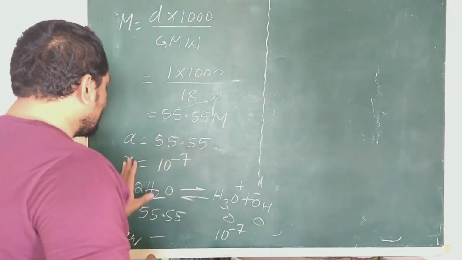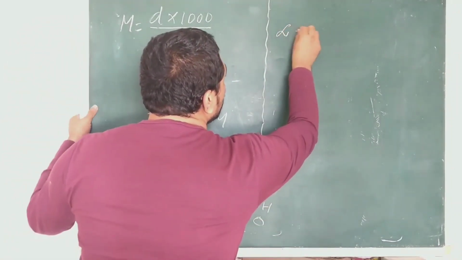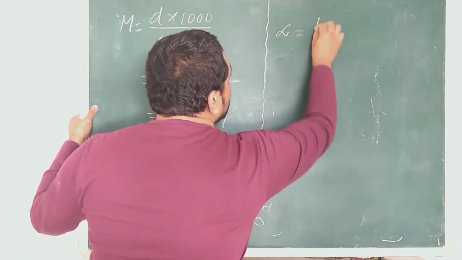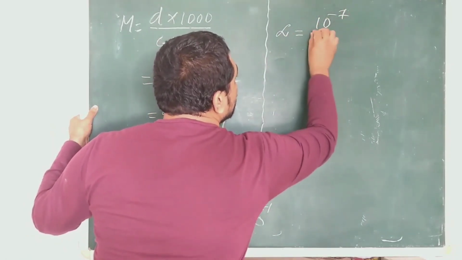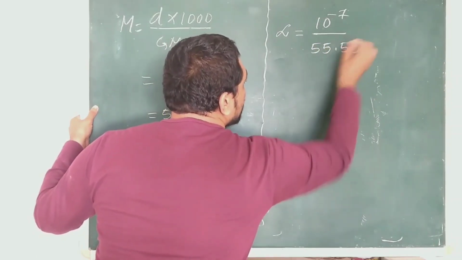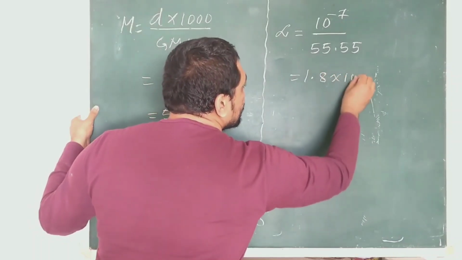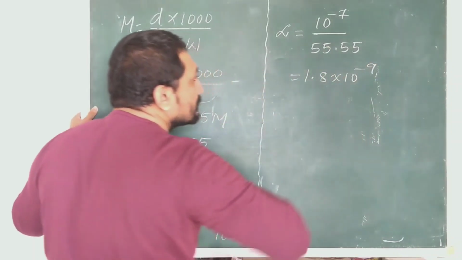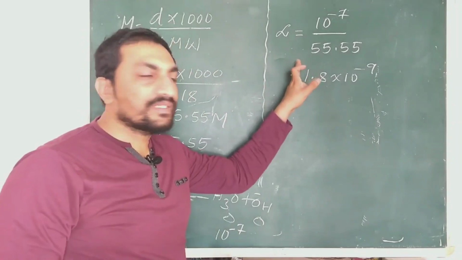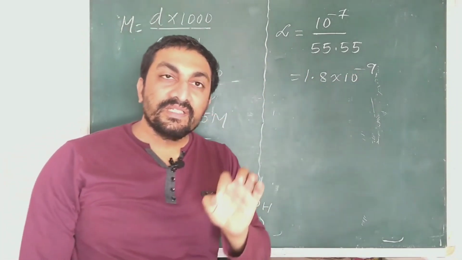Okay, now we will calculate alpha. Alpha equal to x, which is 10 to the power minus 7, upon A, which is 55.55. After division we will get 1.8 into 10 to the power minus 9. This is very, very small.